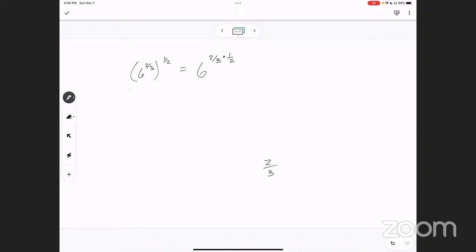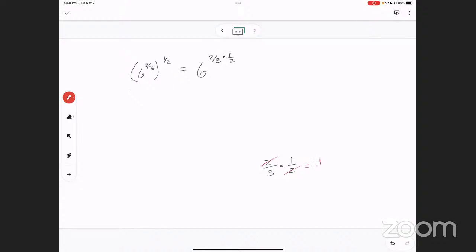So how do I multiply? Is multiplying fractions easier or harder than adding fractions? Easier. But let me show you a little trick. Don't ever just multiply them straight across, because you could more easily simplify first. You see how they both have a 2?